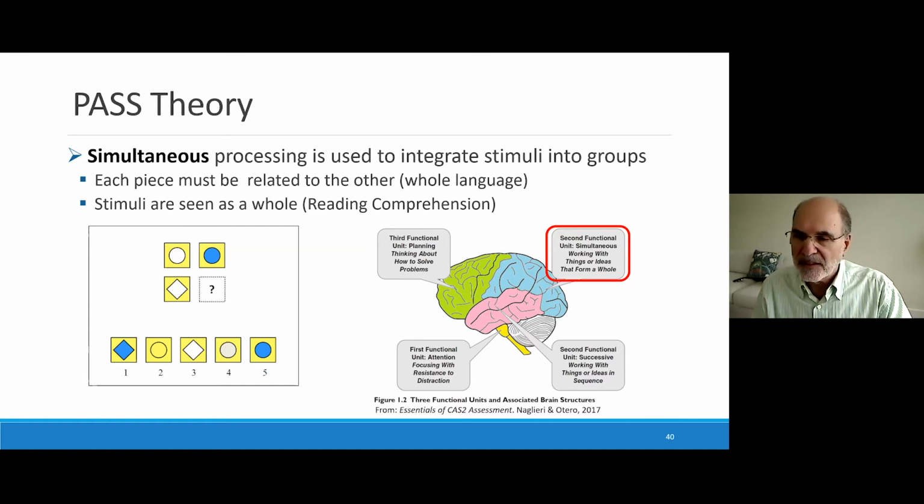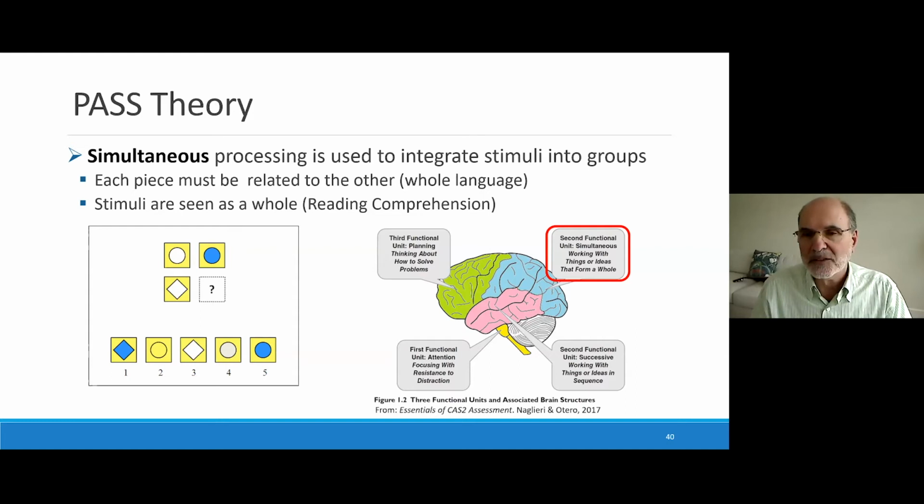It requires a lot of sequencing. Oh yeah, and this reading decoding, well, that requires a lot of sequencing too. And that's how you help the teacher understand better why a child with dyslexia who can't do reading decoding also doesn't know basic math facts, because of the way they're being taught demands successive processing. And it's just like reading decoding does.